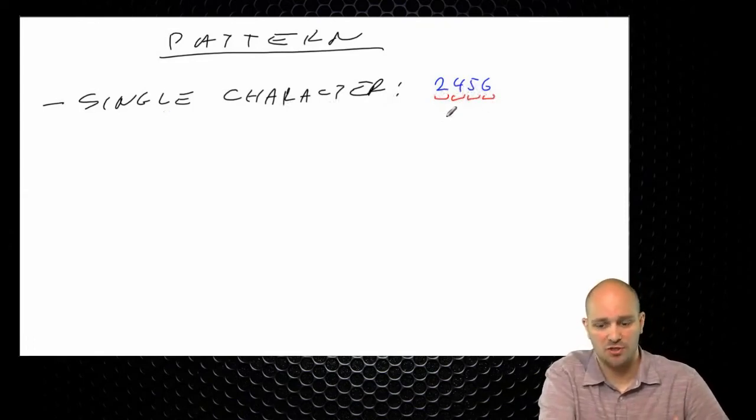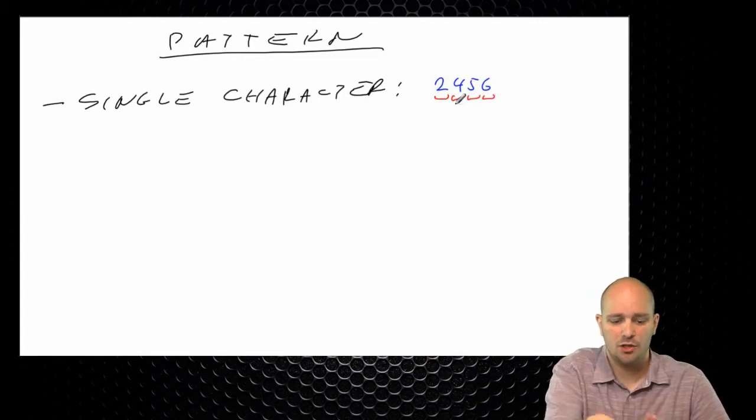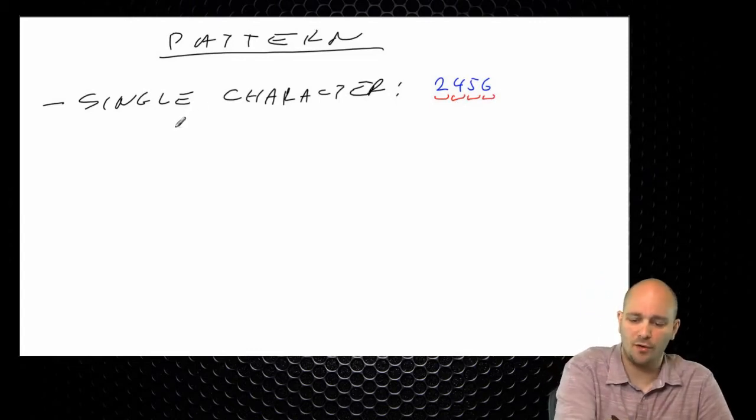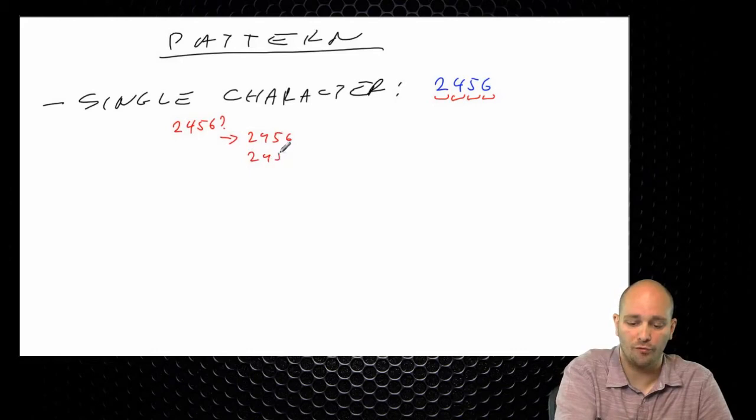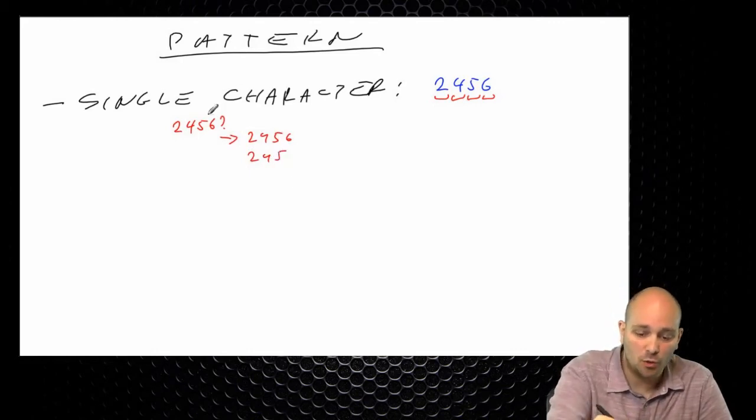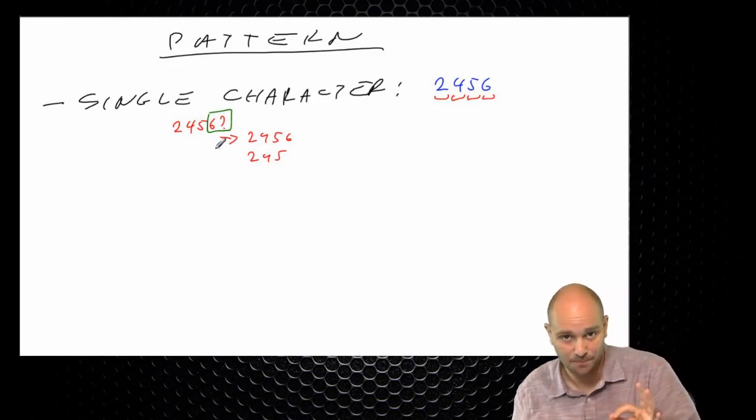They understand this as 2 immediately followed by 4, immediately followed by 5, immediately followed by 6. So if you wrote a regular expression that looks like 2, 4, 5, 6 question mark, this would match 2, 4, 5, 6 or 2, 4, 5. Why? Because the question mark here actually applies only to 6.